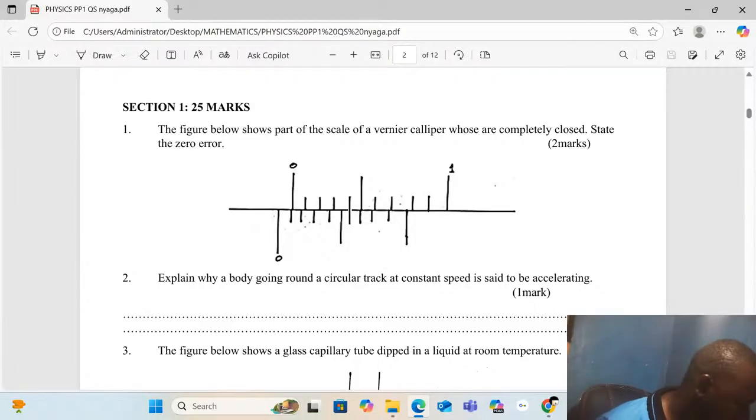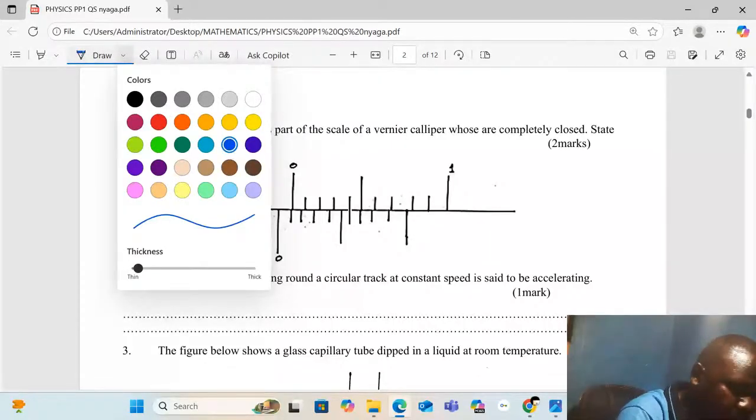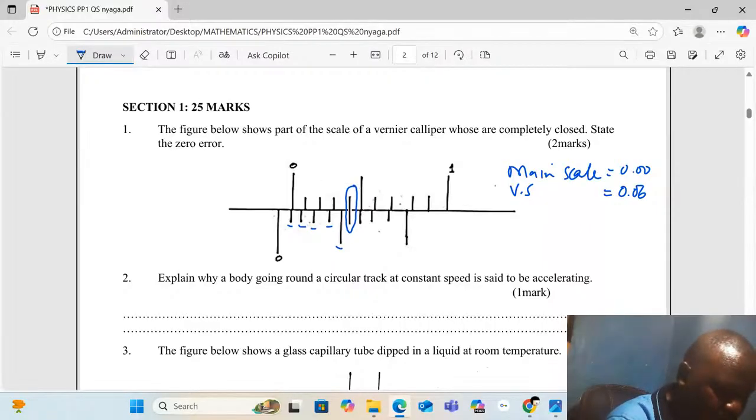If you look at this one, the main scale is reading 0.0, and the vernier scale is reading a positive number of 0.06, because if you count 1, 2, 3, 4, 5, then we have a mark that is coinciding with the main scale, and that is mark number 6.